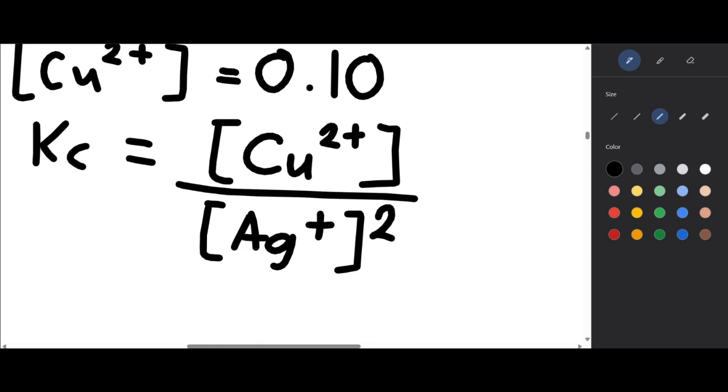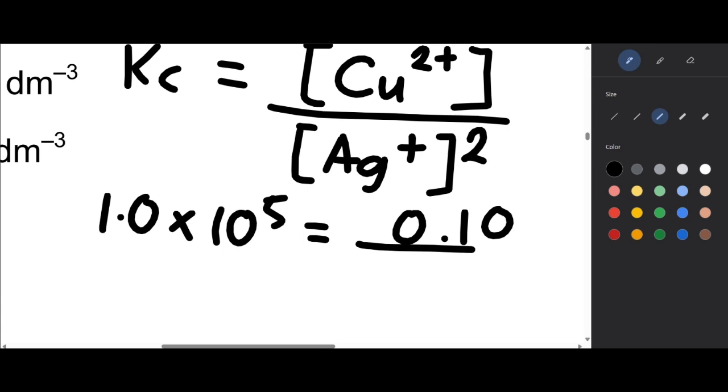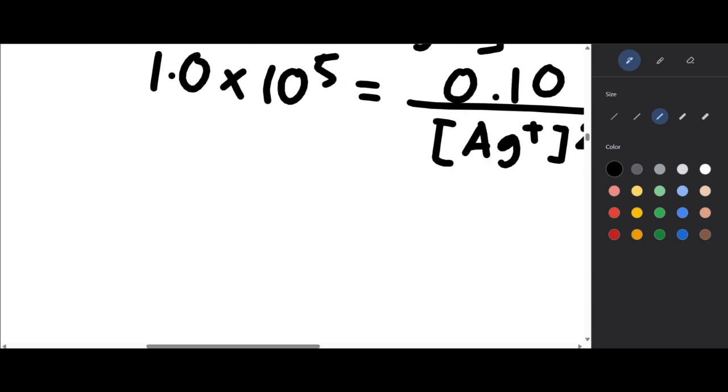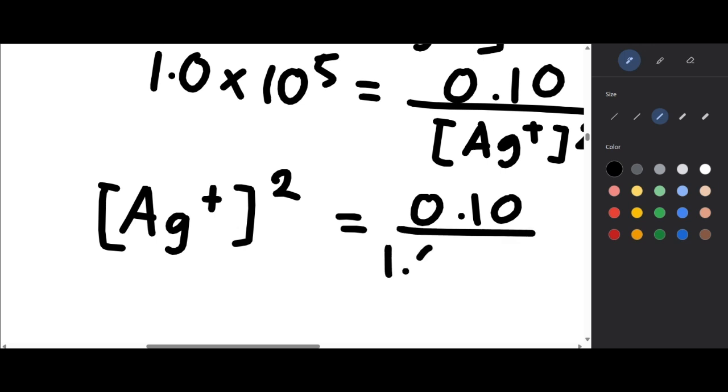So it is given that Kc is 1.0 times 10 to the power of 5, which equals 0.10 over the Ag+ squared, which we don't know. If we want to find Ag+ squared, we have to divide 0.10 by 1.0 times 10 to the power of 5.